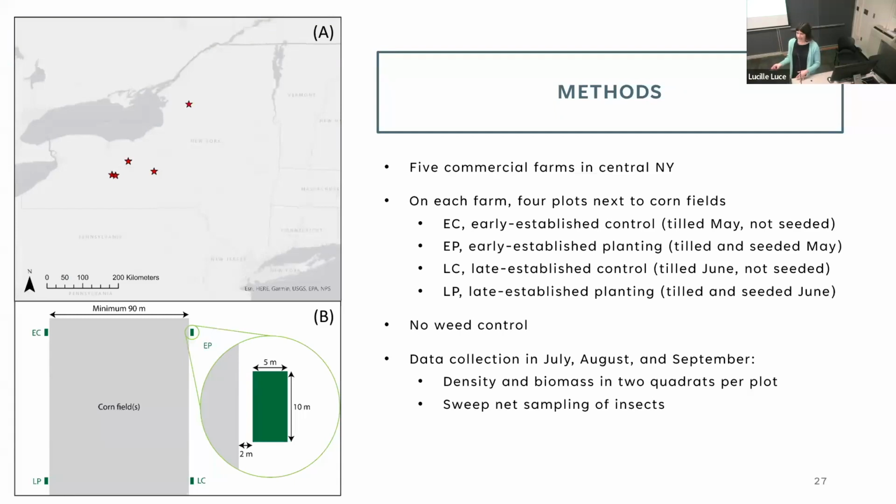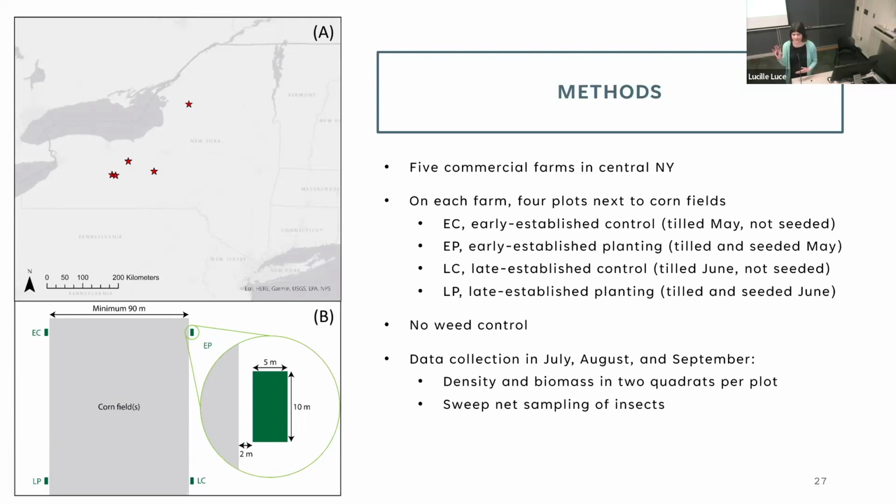Because management feasibility was really the name of the game here, I set this project up as a participatory on-farm study in collaboration with 5 really amazing partner farms. So on each farm, I went out with the farmer and we found 4 plots next to cornfields where we could set up the experiments. 2 of those plots we set up in May within a day or 2 of corn planting, and the other 2 in June.